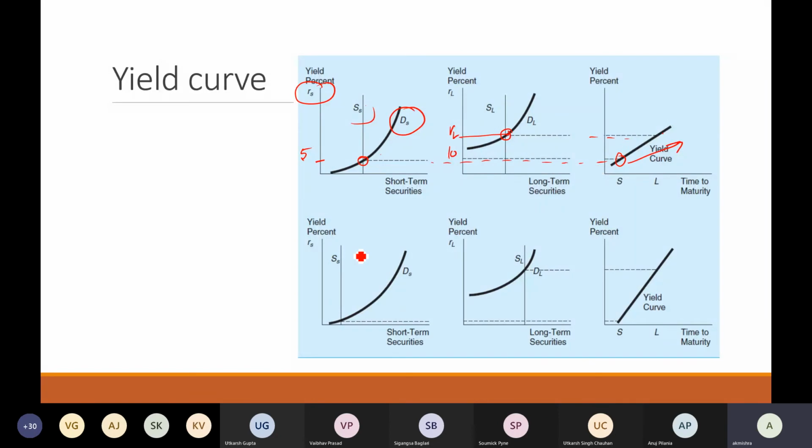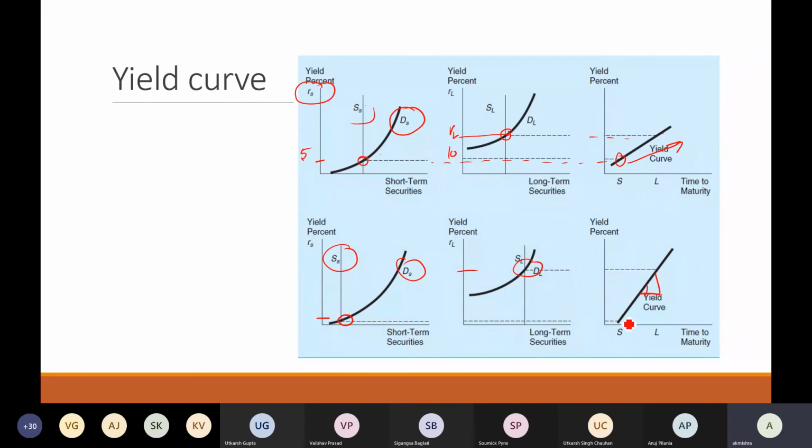And in the same way, if the demand for this is low, because of the supply and demand situation, this is the interest rate on 5-year, and demand is more for 10 years, so the rate is this. Then you may have a steeper relationship, or this kind of yield curve.